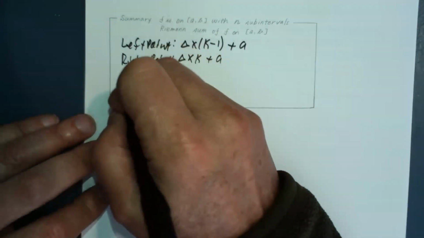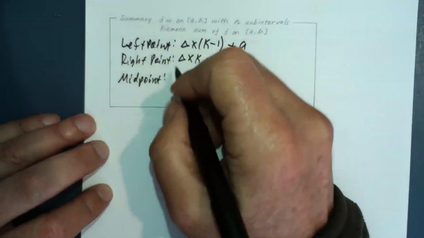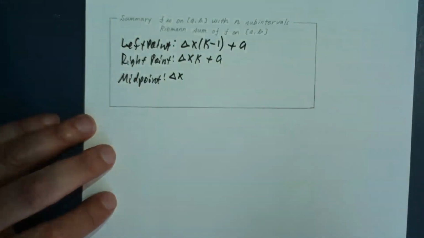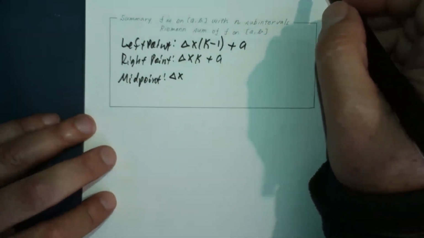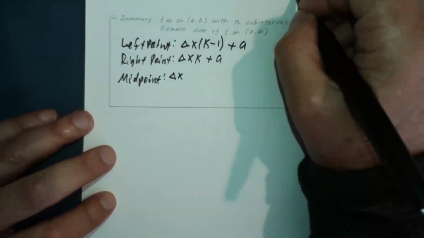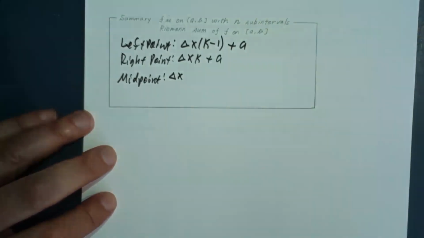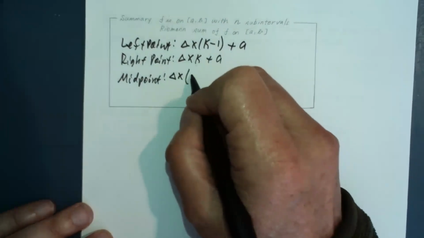And for the midpoint, it's going to be delta x. And actually, what I could do is factor out a 1/2, and that'll give us 1 over 25 times (k minus 1/2). And that tends to be the way that we write this.